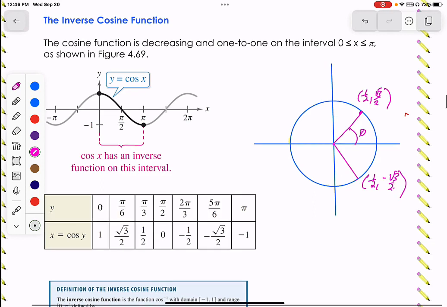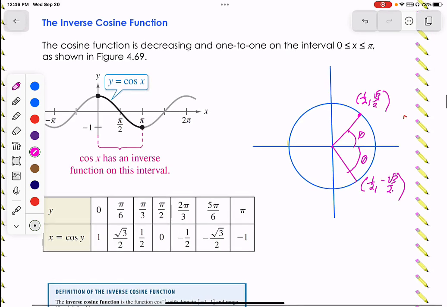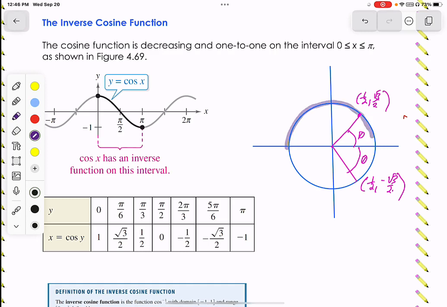So in this case, again, we have two possible values. Well, what did we learn from our sine function? We learned that we have to restrict the values that it can possibly be. So what I'm going to do is restrict that value to the top half of our unit circle.